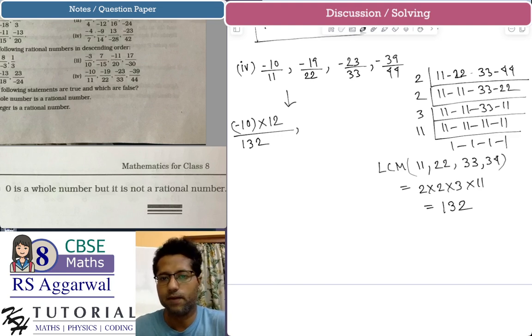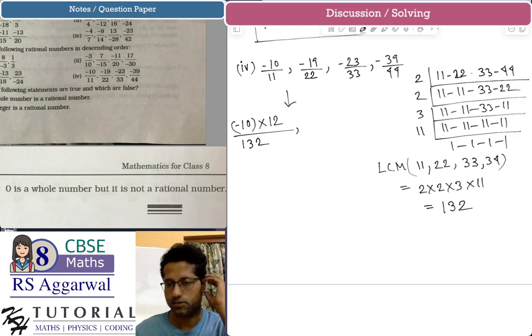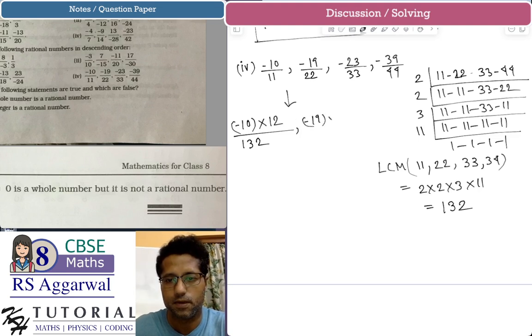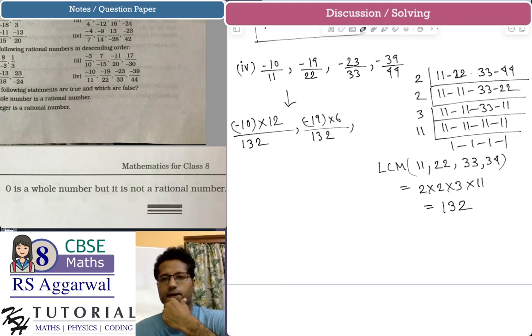Now minus 19 by 22, if we multiply 22 with 6, we get 132. So the equivalent form of minus 19 by 22 will be minus 19 into 6 divided by 132. Similarly, minus 23 by 33, if you multiply 33 with 4, we get 132.